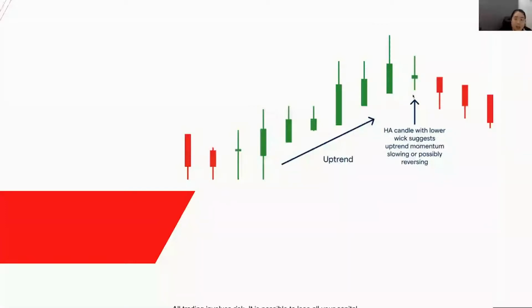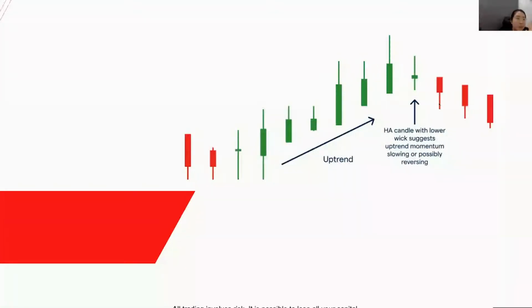That is Heiken Ashi's first sign to you as a trader that the bullish momentum is weakening. The uptrend momentum is slowing, or there may be a possible reversal. Then you see the next candle, and true enough, it turns red. Number one, it turns red.